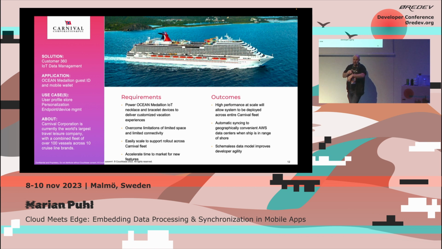And of course, this medallion, I'm not sure if it's a wristlet or around the neck, you also use for payment and for opening the doors and everything. So, if you opt in, all this information is collected and allows them to offer you a good experience when you use their services the next time on a different boat. They know what wine you like and all these kinds of things. So I think that's a pretty nice story.